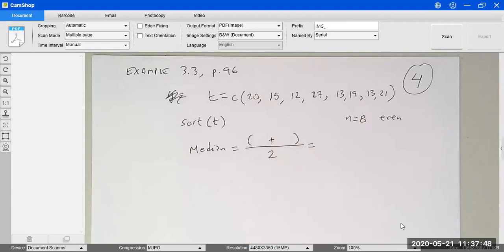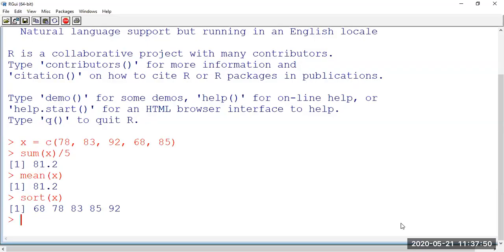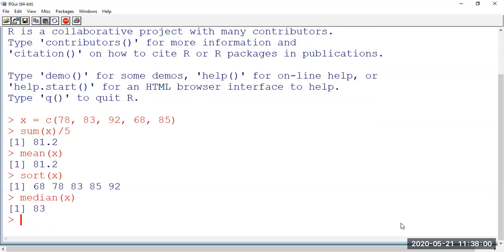From the previous problem, we can also use the function median of x, and we get the same value that we found for the previous problem, 83.